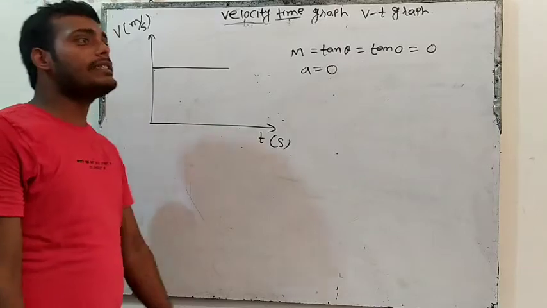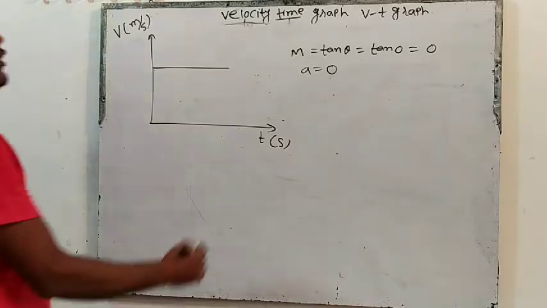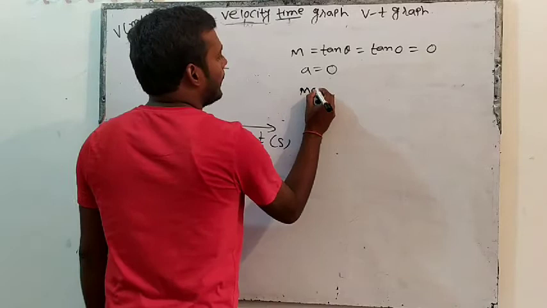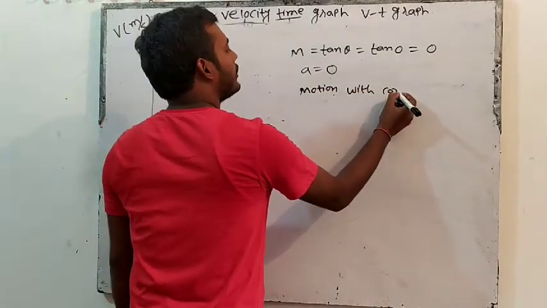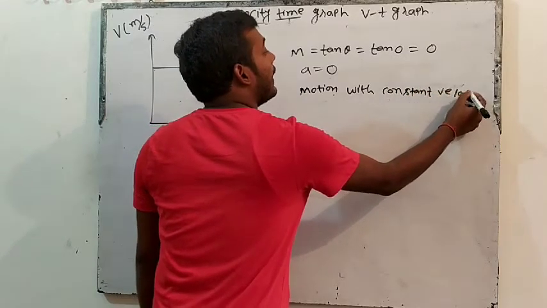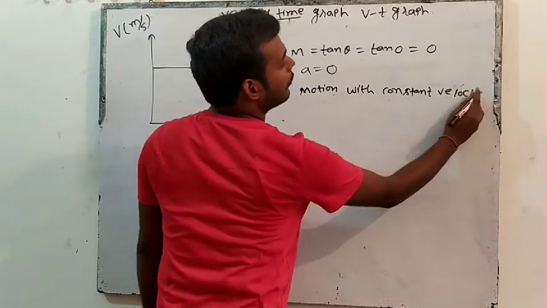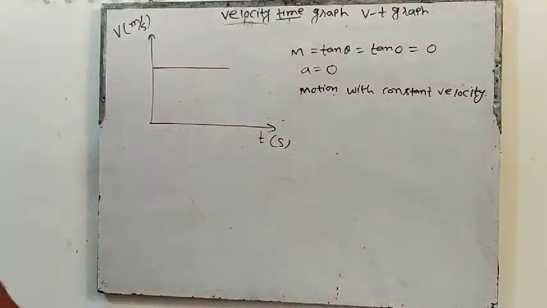If acceleration is 0, what does it mean? This is motion with constant velocity. Can you understand?